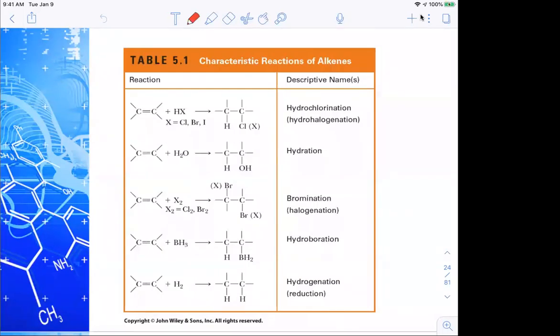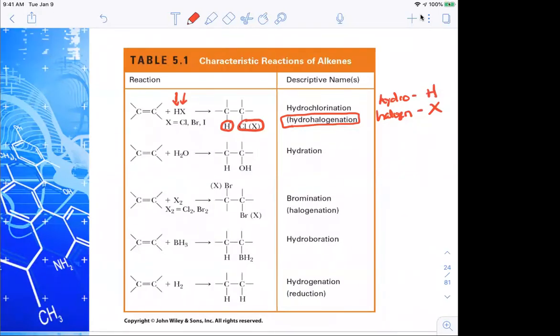So the first reaction is called generically hydrohalogenation. So think of hydro meaning a hydrogen and halogen meaning my X. So basically I add an H and I add an X across the double bond.